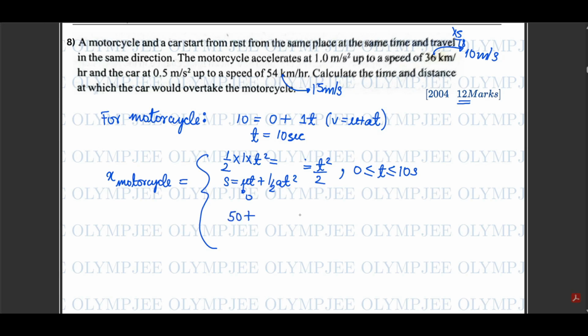s is equal to ut. So u is 10, and time we are calculating after 10 seconds. So we will use t minus 10. Let me clarify what I have done. Till 10 seconds, plus u t.